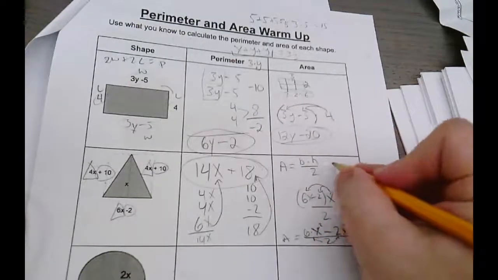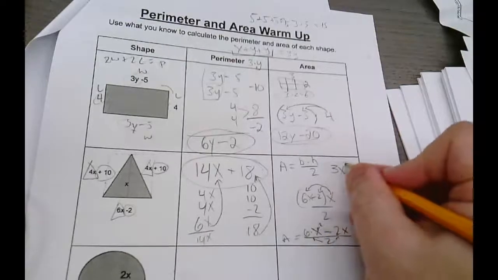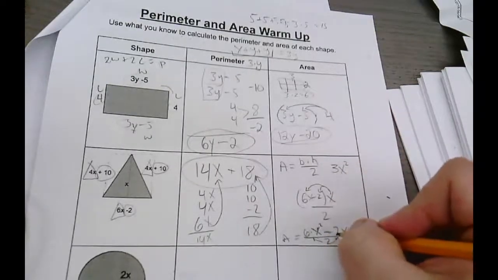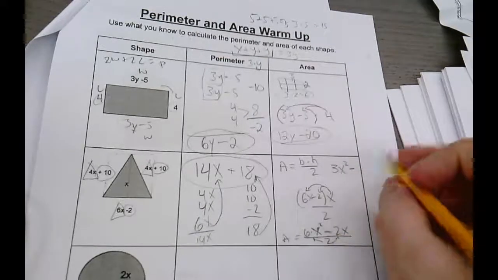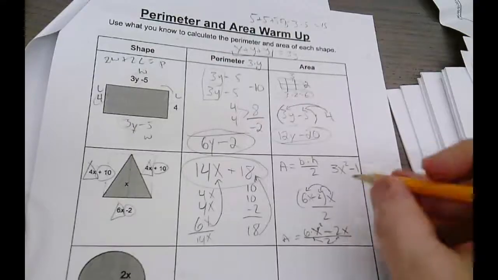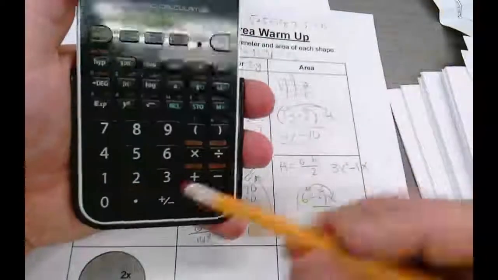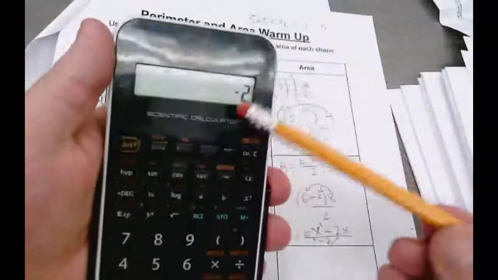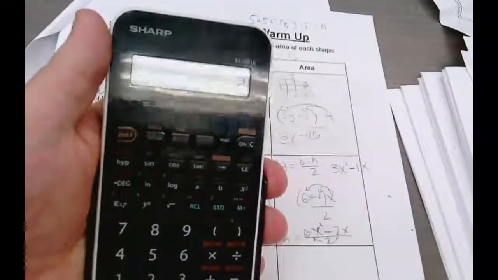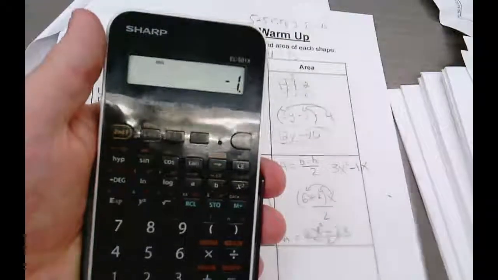6 divided by 2 is 3. You can't touch the x's, so 3x. Minus 2 divided by 2, same thing divided by itself is going to be a 1. It's negative because there's one negative. So again, you can use the negative button on your calculator if you struggle with integers. So negative 2 divided by 2 gives us negative 1.